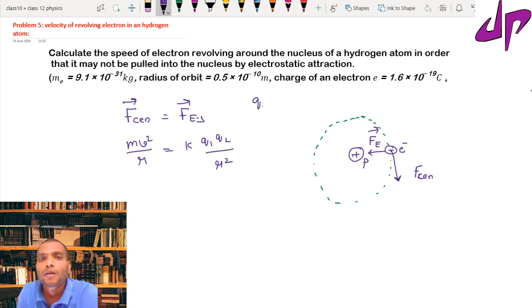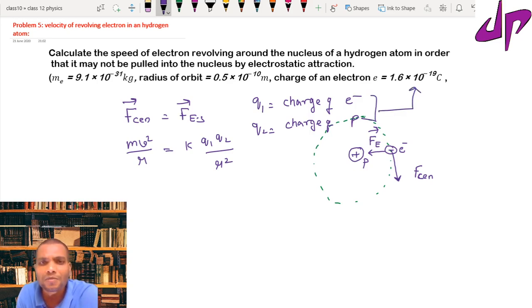Here q1 equals charge of electron and q2 equals charge of proton. They both have the same charge, 1.6 times 10 power minus 19. And r is the distance between the electron and the proton, which is given by the radius of the Bohr orbit.